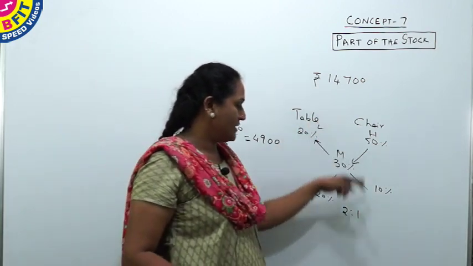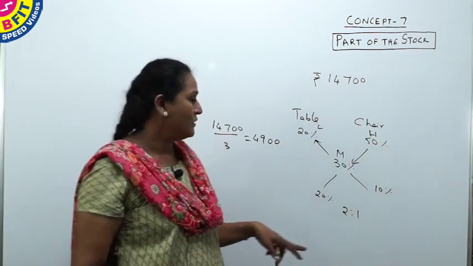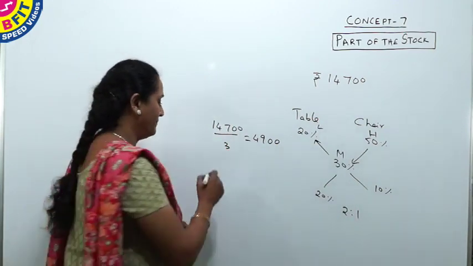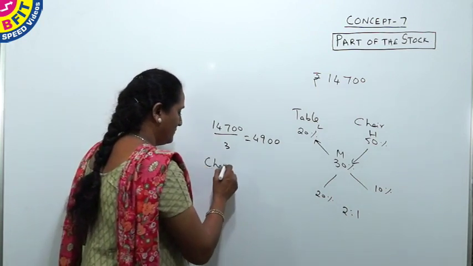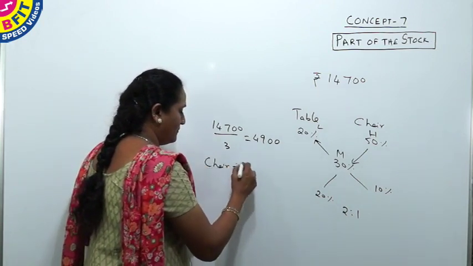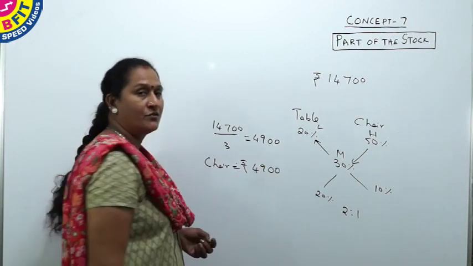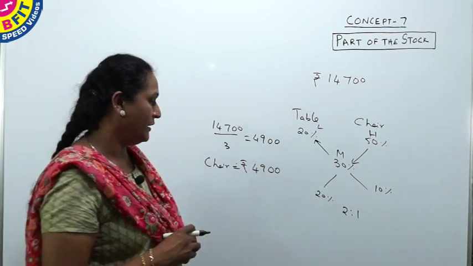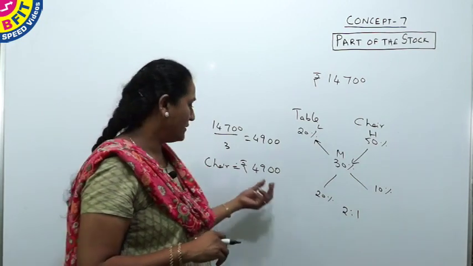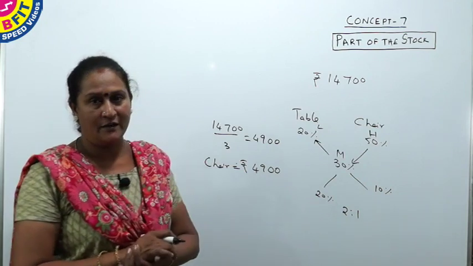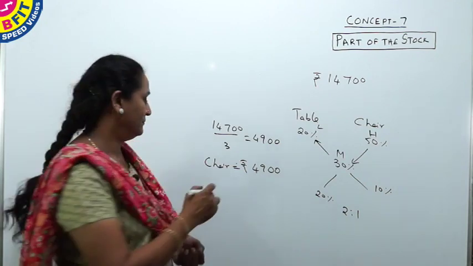Cost price of the chair is how many parts? One part. So chair's cost is rupees 4,900. So if they ask for cost of the table, it is 2 parts. So multiplying this 4,900 into 2, it is 9,800 will be cost of the table.